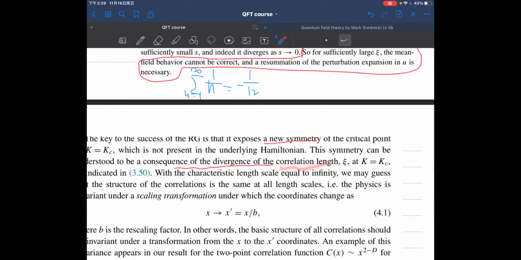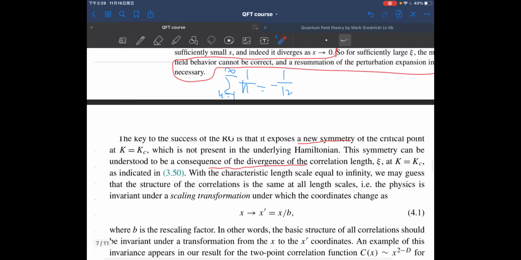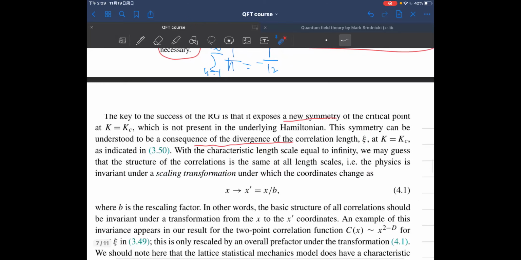The correlation length is calculated by the 2-point correlation function. When ξ becomes divergent, it means that there is no characteristic scale between 2 points. So we have a scaling symmetry.